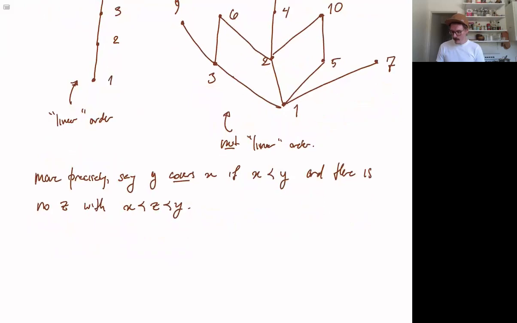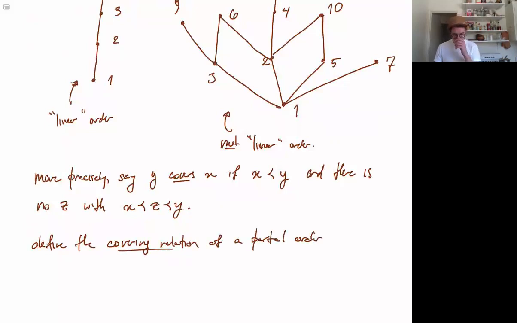So define the covering relation of a partial order to be the relation of pairs x, y where y covers x.